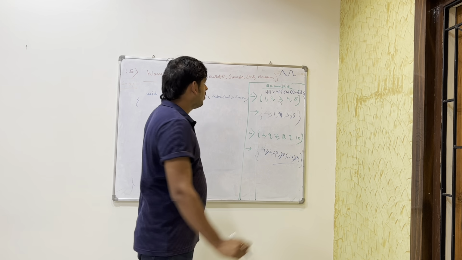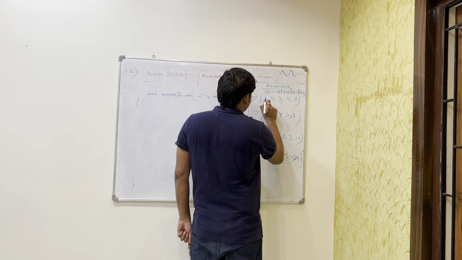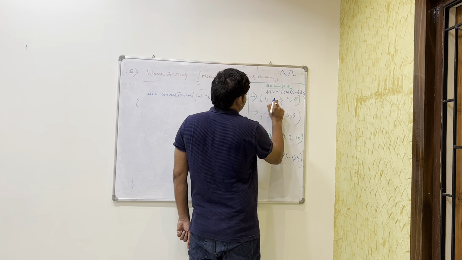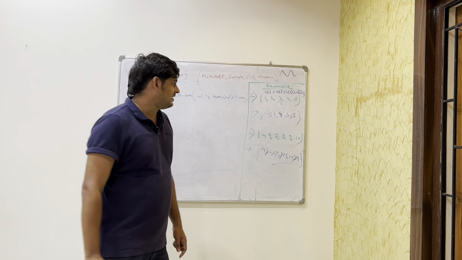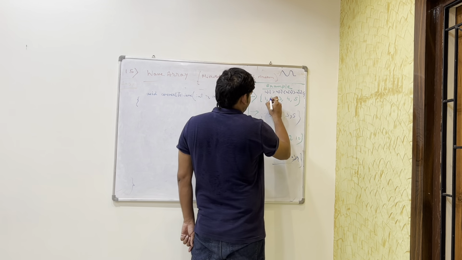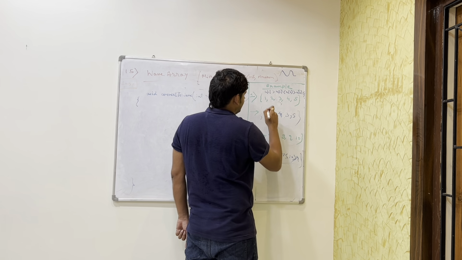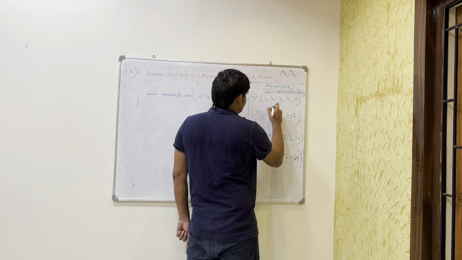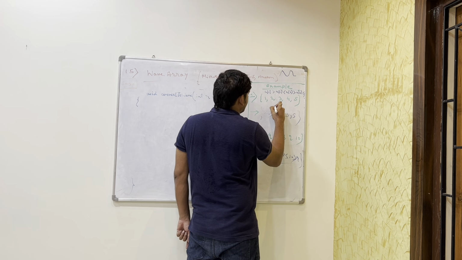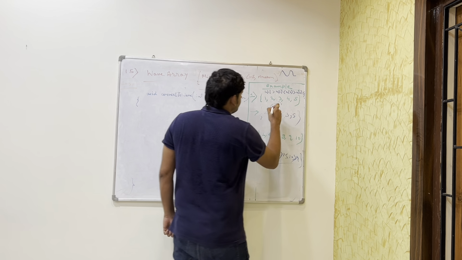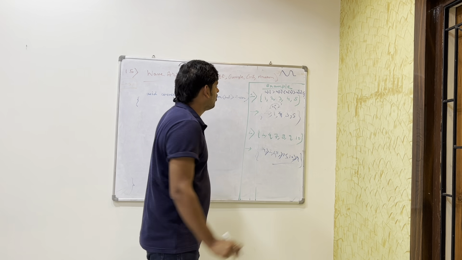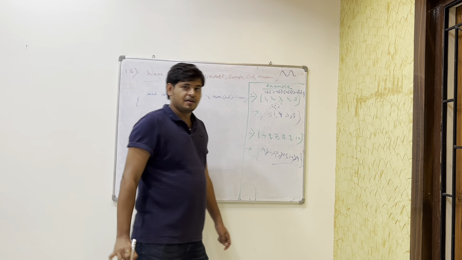Why? Because I know that if 1 is less than 2, then 1 will obviously be less than 3, because this is sorted. If I swap 2 and 1, I don't need to care about the relationship between 1 and 3, because 1 was lesser than 2.